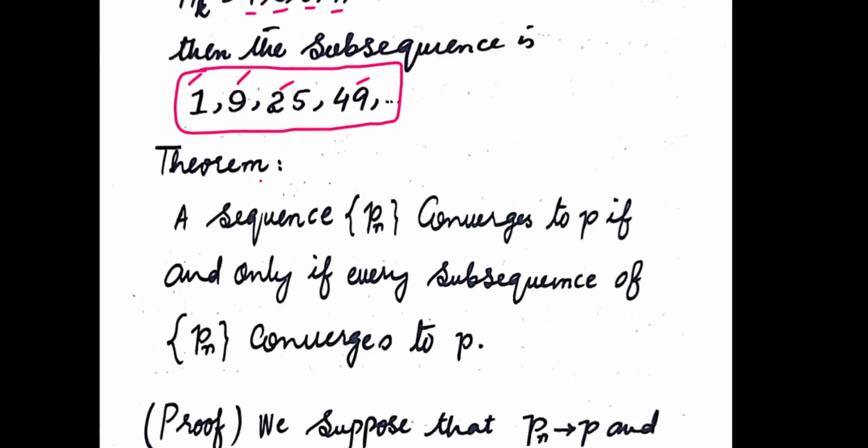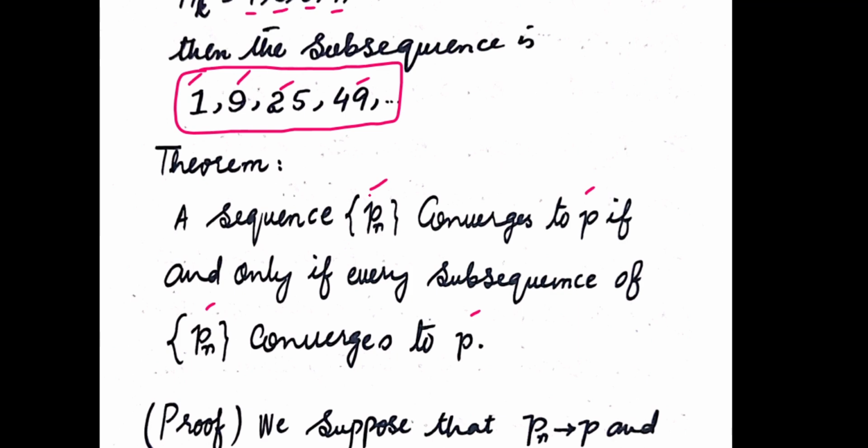Next we discuss a very important theorem for your final exam. This theorem says a sequence Pn converges to P if and only if every subsequence of Pn converges to P. It is clear that you can form infinitely many subsequences of a given sequence.